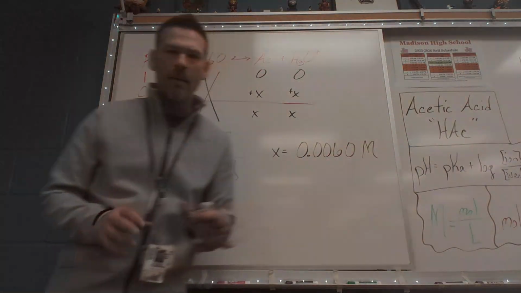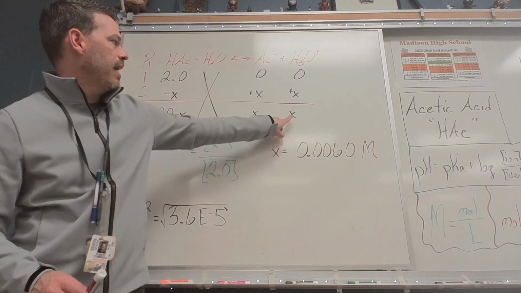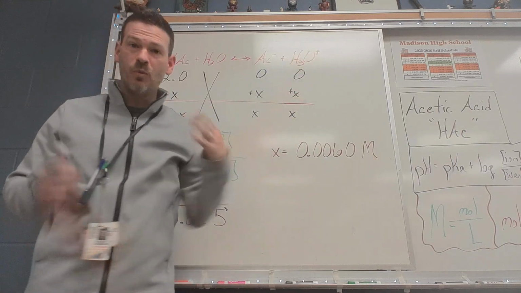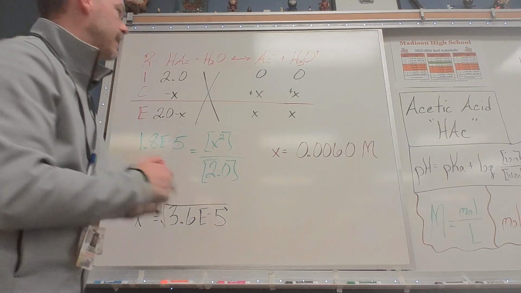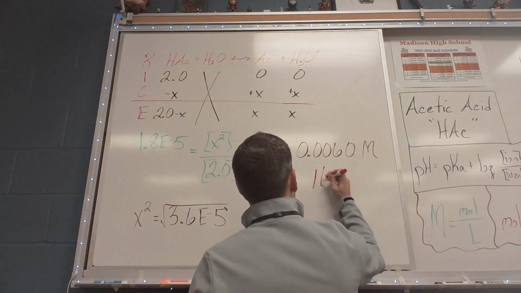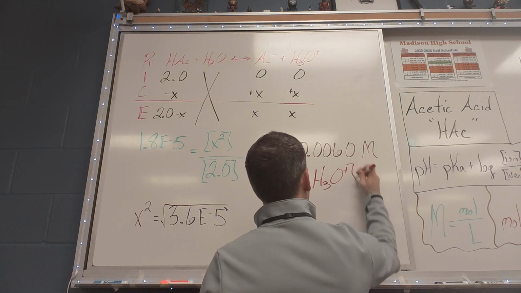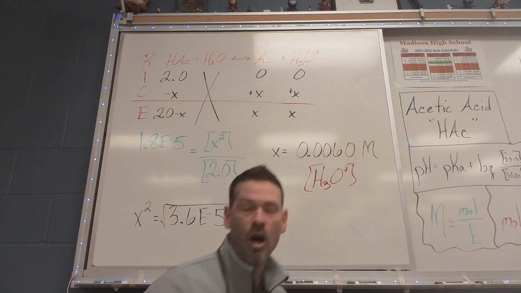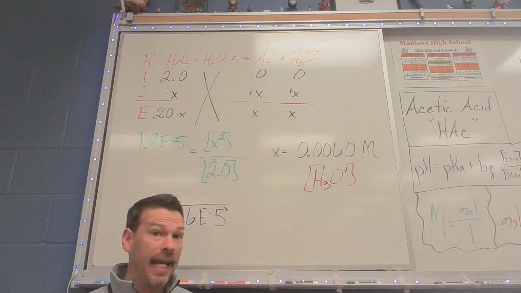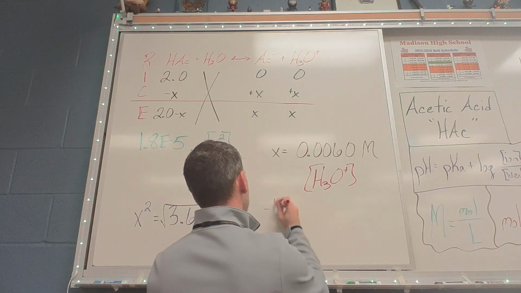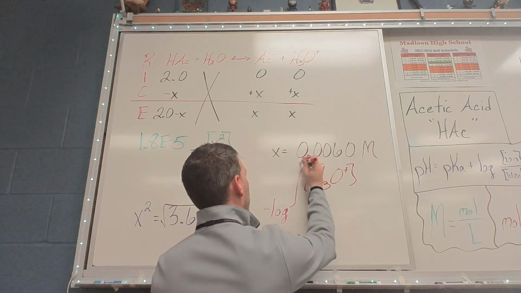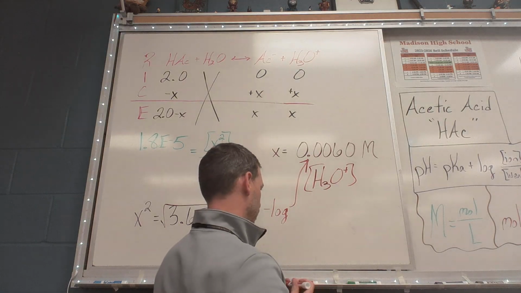But make sure you remember what X is, right? X is hydronium, which again is good news. Everything is lining up for us. Because now, since this is a hydronium concentration, which is strong, negative log will give you the answer. It'll spit out pH. So we just have to go negative log of that number.